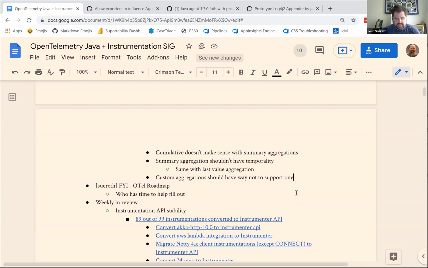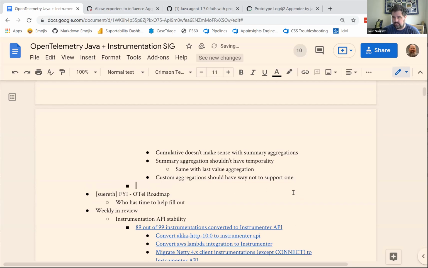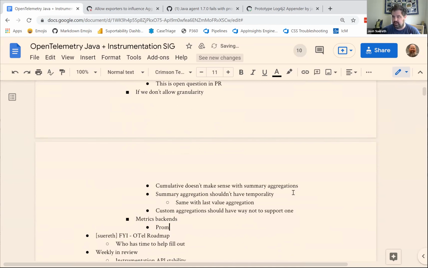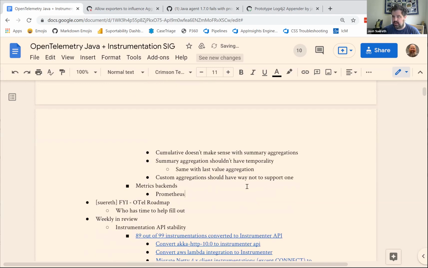There are 4 metrics backends that I tend to pay attention to, and there are 6 that we look at in total that I know of. The number 1 is Prometheus, because we need to be compatible with it. It's the biggest thing in GKE, right? The other one that I personally look at is actually InfluxDB, just because I like it.